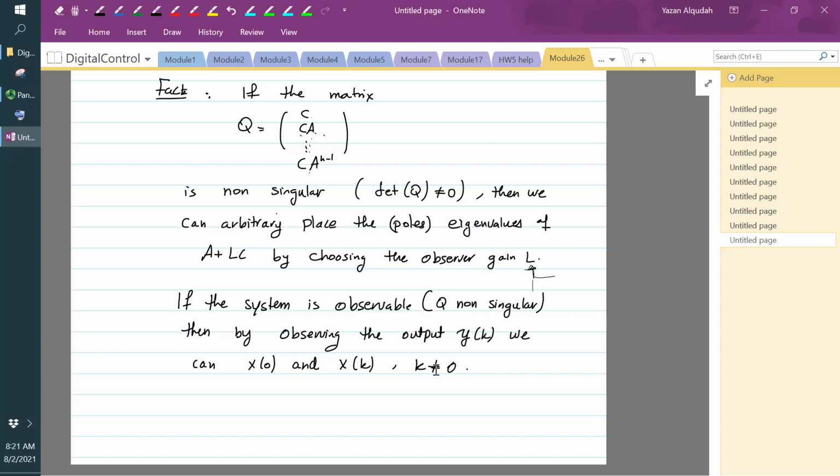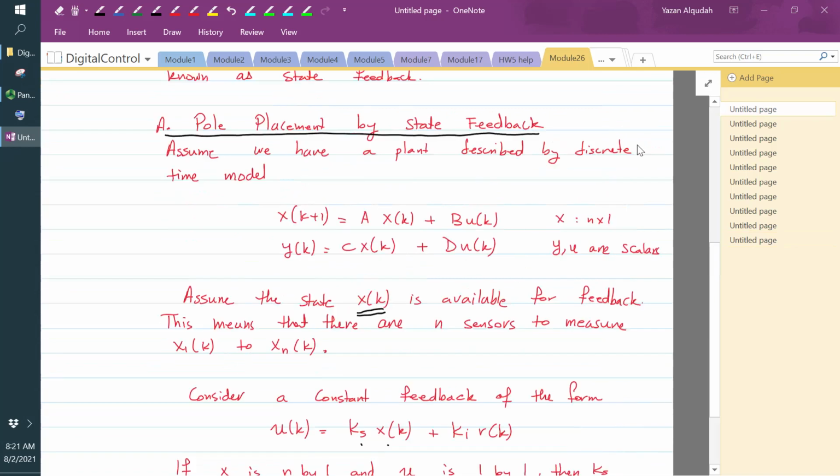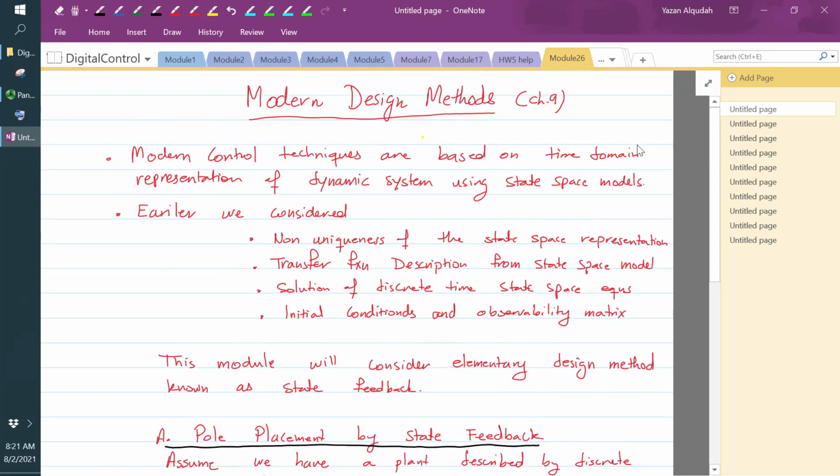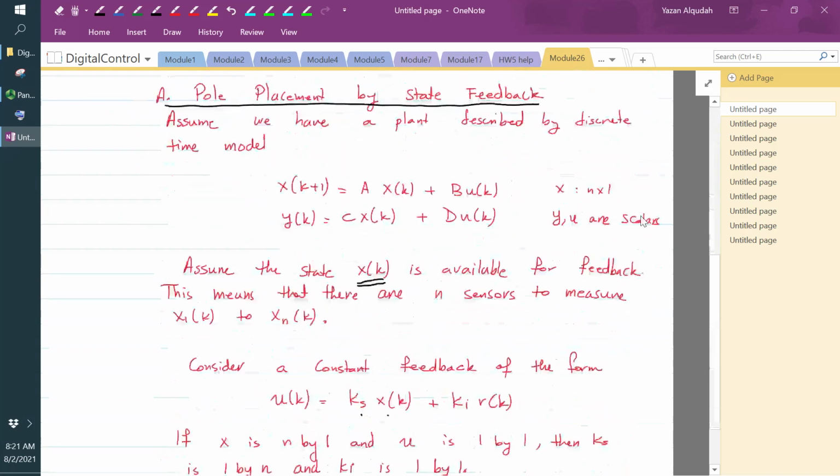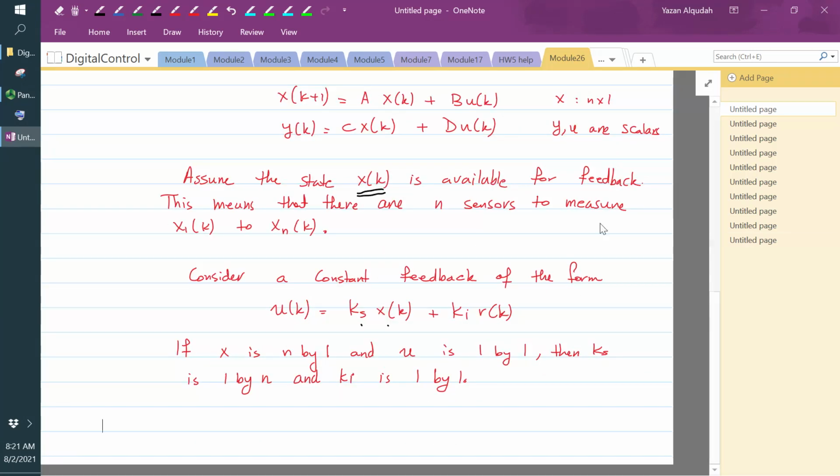Okay, so again, we just introduced modern design methods. We looked at two concepts as the takeaway from this module: controllability and observability.